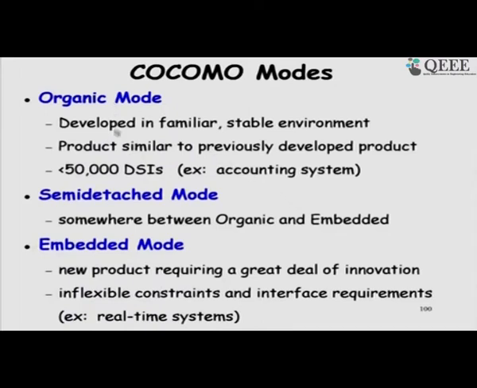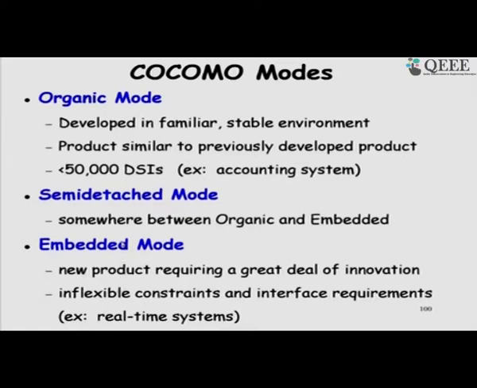But in the normal case, organic mode is one where the developers are very familiar with the software being developed, they have previous experience, and the requirements are stable. That is called the organic mode. Semi detached is medium complexity and embedded is the largest complexity.